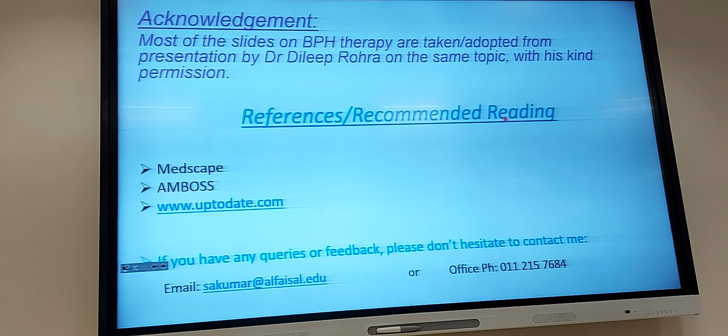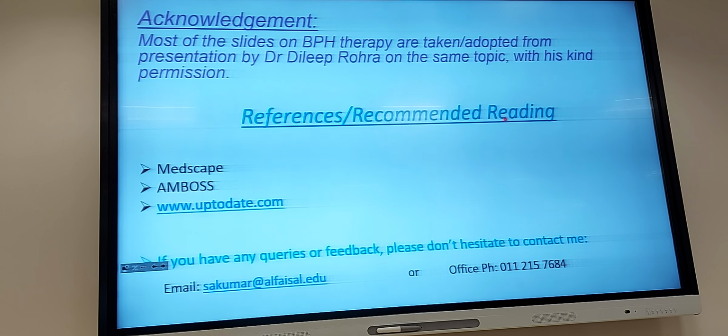And then you have 5-alpha reductase inhibitors. It is the only category which will shrink the volume, reduce the obstruction, prevent disease progression, and reduce the need for surgery. It is the one which alters the natural history of the disease.